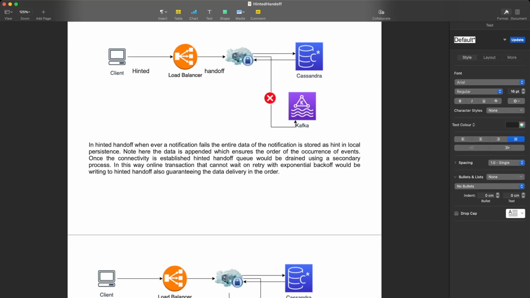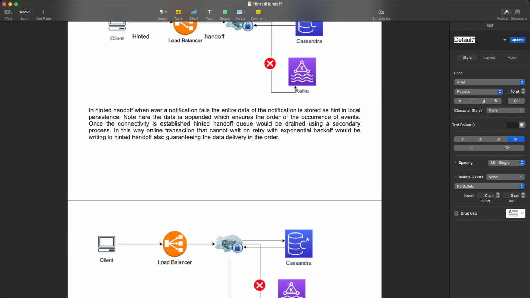Hinted handoff is something used whenever a failure happens, but we know that we have successfully persisted the data into a system where the data consistency is good, for example, a database, and while we are eventing out we are failing.